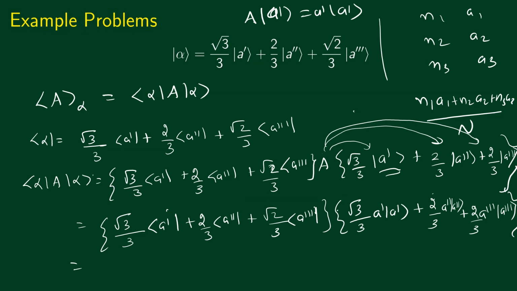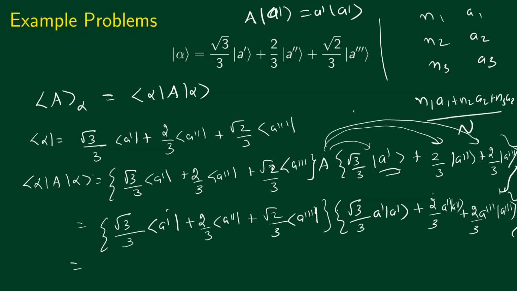The non-zero combination is bra a' ket a'. Similarly, when I combine bra a'' with every ket on the right side, the only non-zero value is bra a'' ket a''. Similarly, for bra a''' the only non-zero value is bra a''' ket a'''.